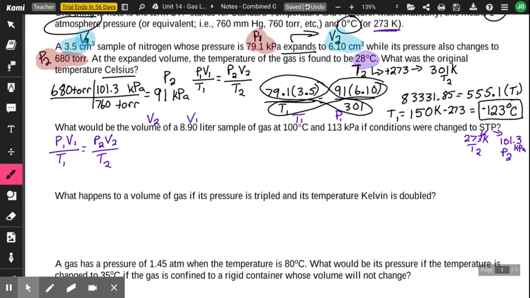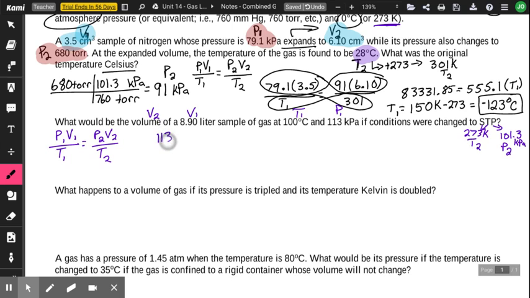And I just plug in my numbers. So my pressure 1 was 113 kPa. My volume 1 was 8.90 divided by my temperature 1. Now, one thing that I did not do yet is convert that into Kelvin. So I do need to do that before I can solve this problem.